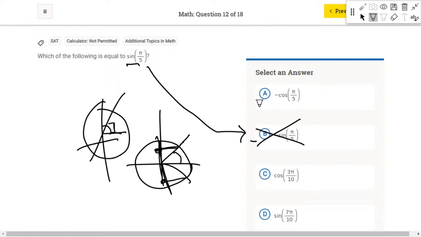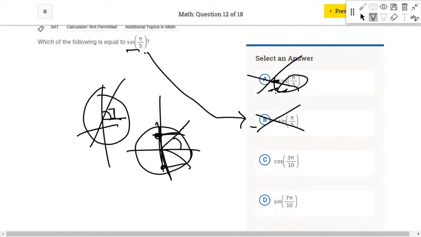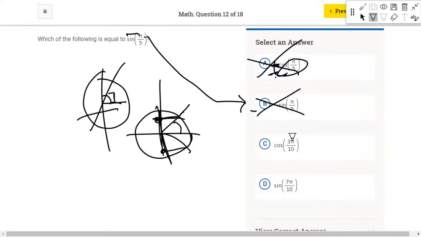And the cosine of pi divided by 5. This is also not the answer, because sine of pi divided by 5 is a positive number, but it's minus cosine. So cosine is also positive, but minus makes it negative, so it's also not equal. So I'm left with two answers. Since I see there is a 10 in the denominator, I assume the transformation happened with pi over 2.